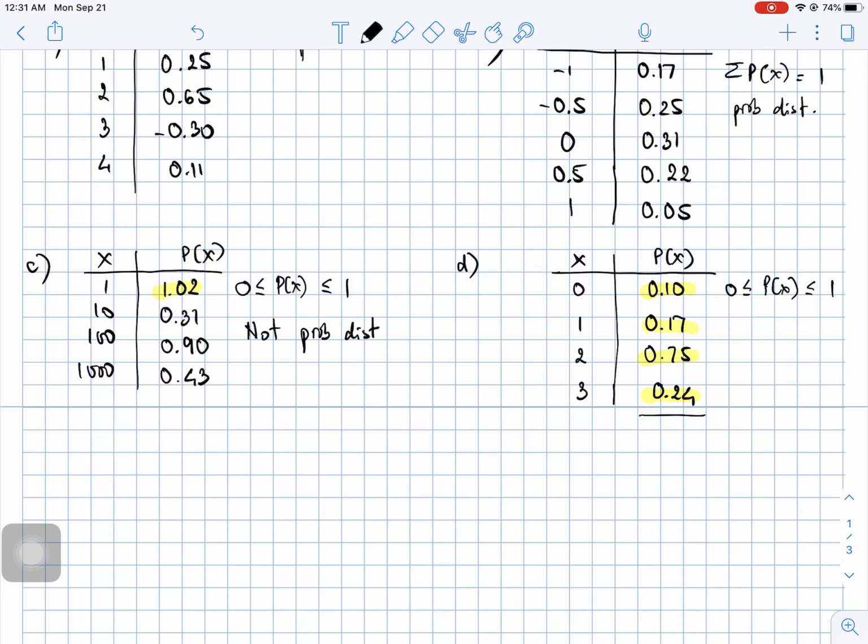The answer is more than 1. So we conclude that the table for part D is not a probability distribution because the sum of the probabilities is not equal to 1. It does not satisfy the second condition.